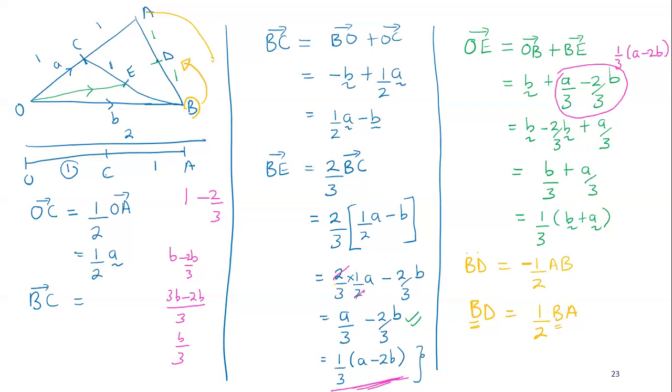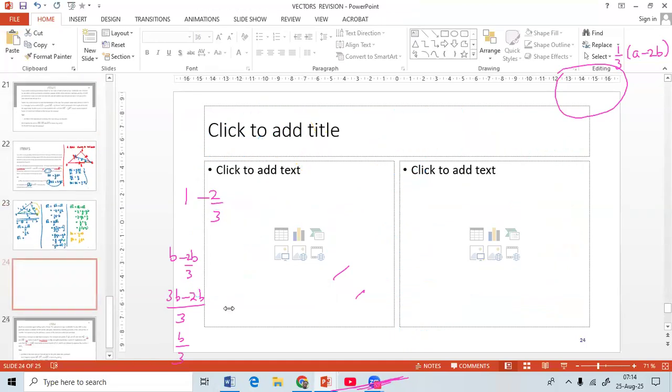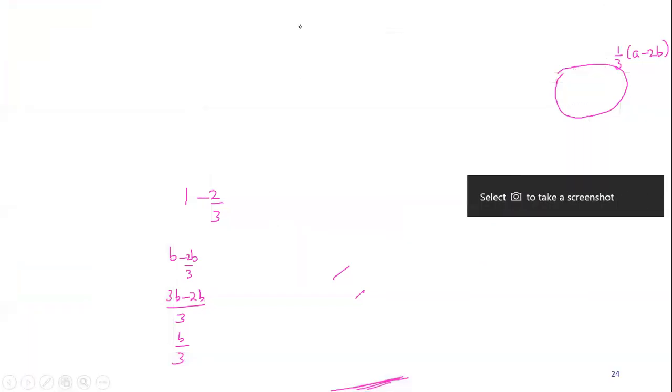Are you taking us again to find AB? Allow me to first create some space here. We want now to find AB.